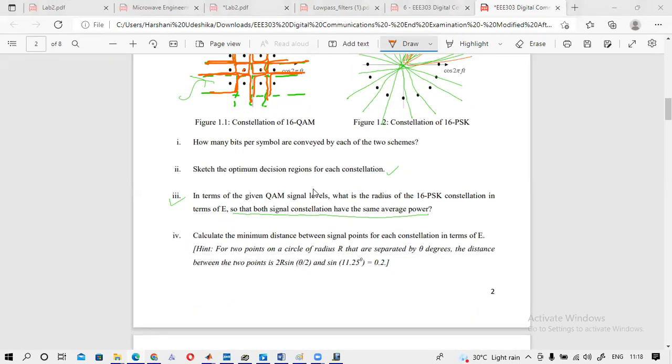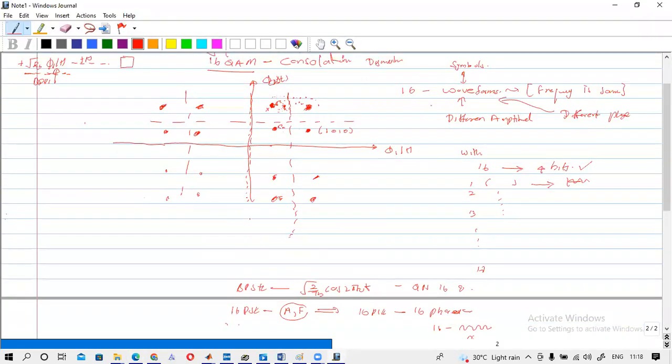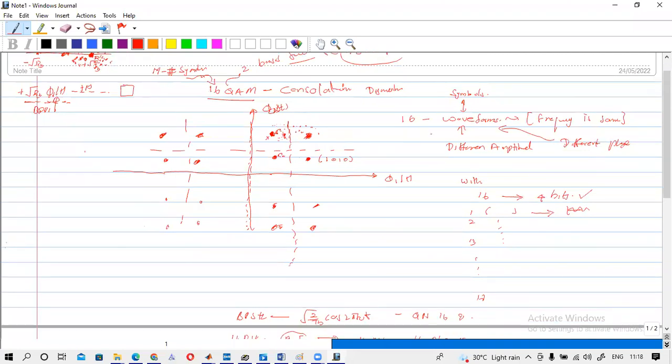Here it says that both signal constellations have the same average power. I think this is somewhat important. Let's go to the constellation diagram again.